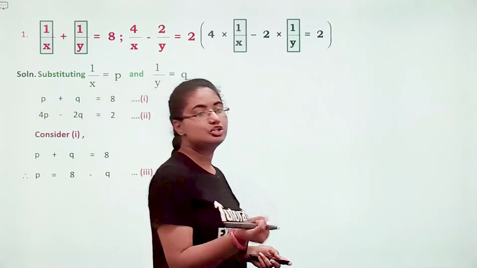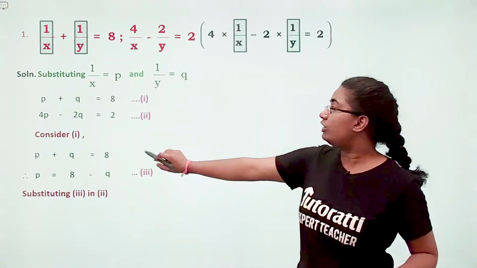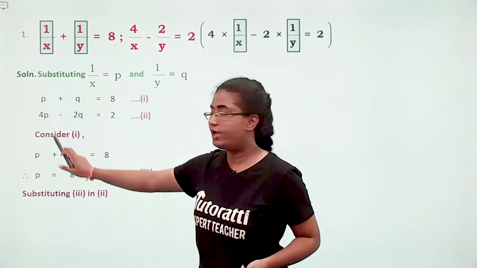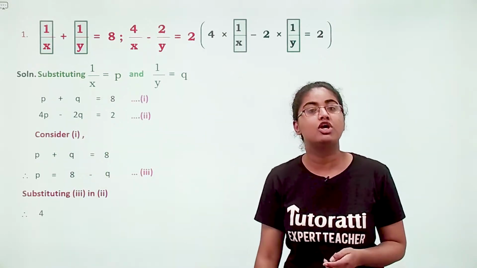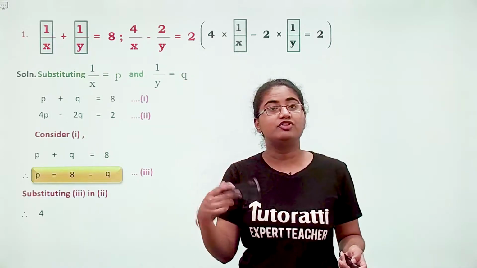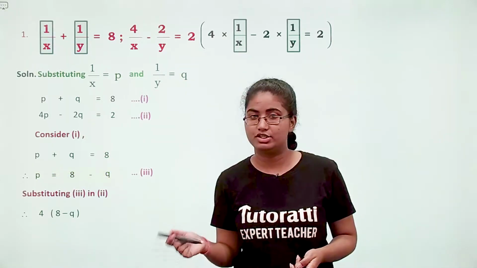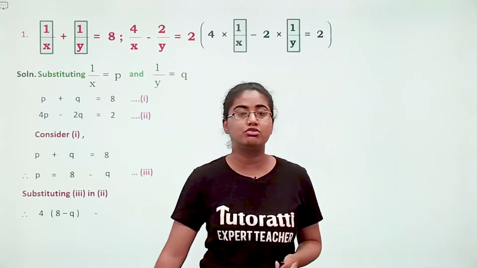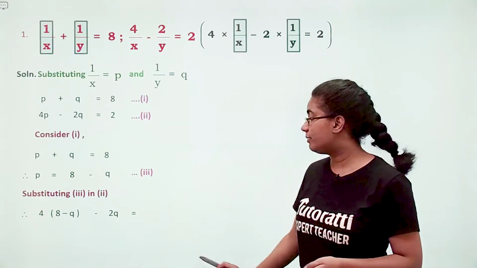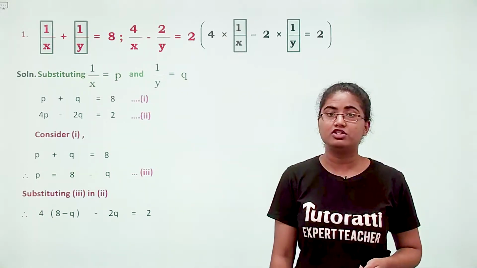All right, so डालो, चलो जल्दी. 4 times p का वैल्यू क्या है? 8 minus q. So 4 times 8 minus q. The rest of the equation remains the same. So you have minus 2q is equals to 2. All right, ये बन गया equation. Can you solve this?